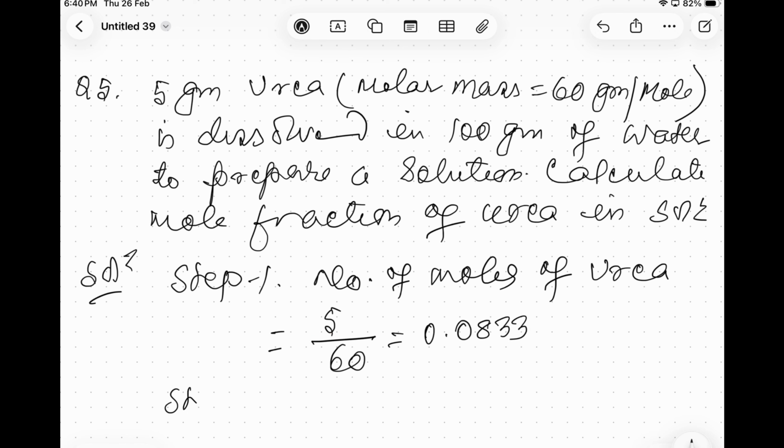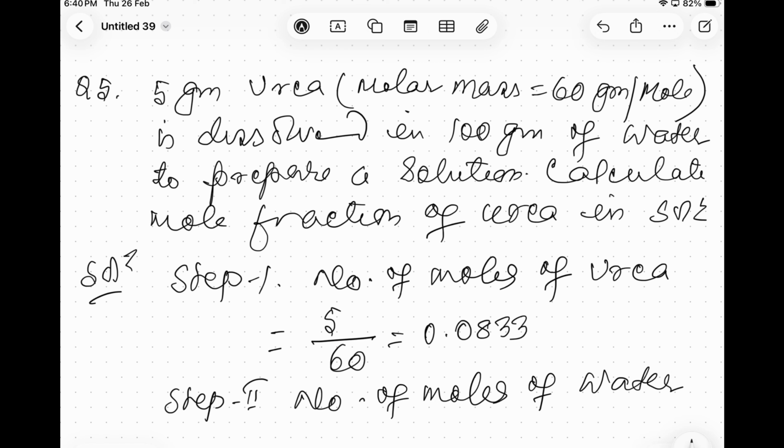And step 2, number of moles of water should be equal to 100 by 18, because gram molar mass of water is 18, so the value should be equal to 5.55 mole.